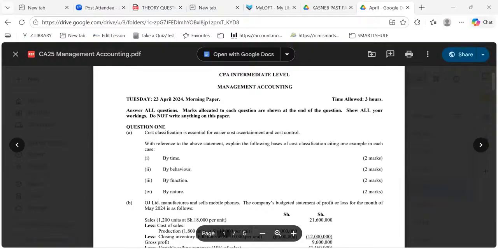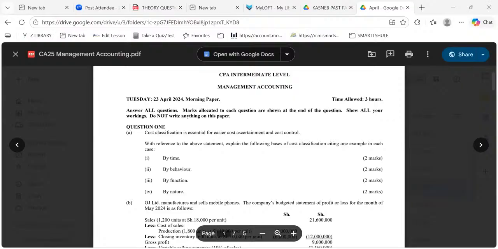If you are to classify cost based on behavior, variability, based on function, are you able to give us examples?